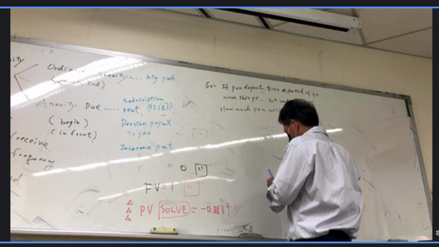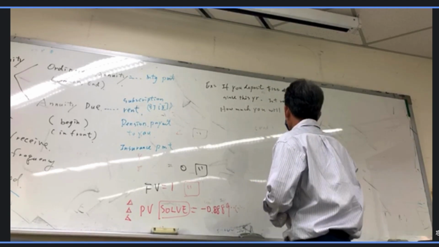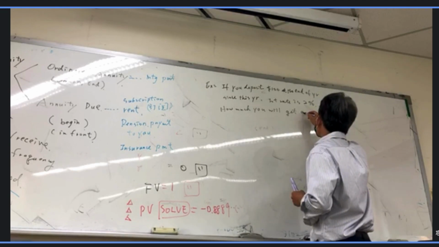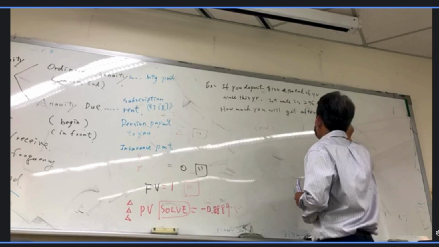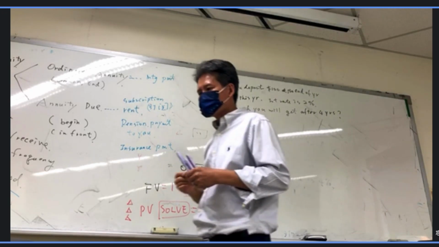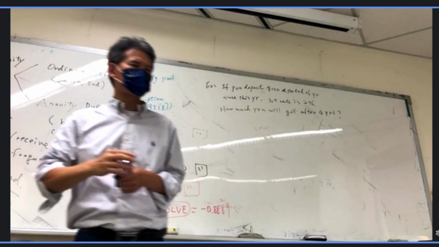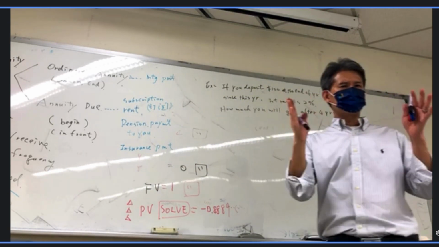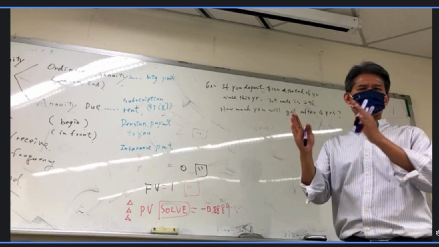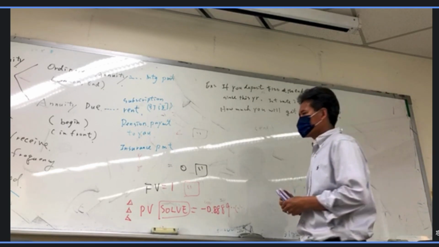How much will you get after 4 years? This is a quick and easy example I like to use because we only have 4 periods of the annuity.